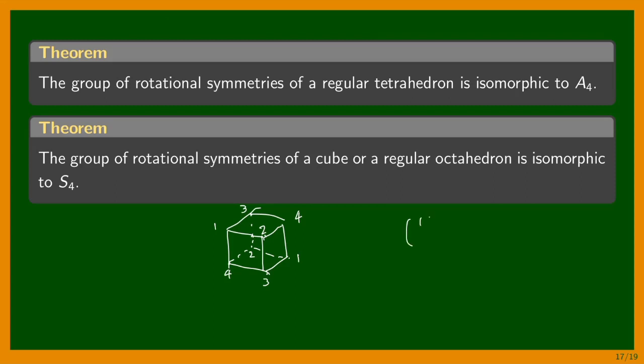For example, magbibigay tayo ng arbitrary na permutation. Kunwari, I want the one that fixes 2, 1, 4, 3 na lang, para for simplicity. Nasaan dito yung axis nung permutation na ito? 1 and 2 will interchange, 3 and 4 will interchange.